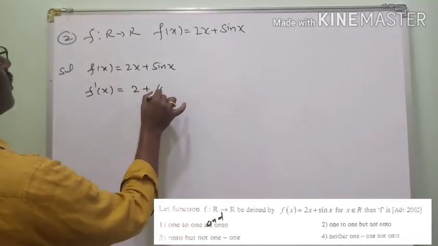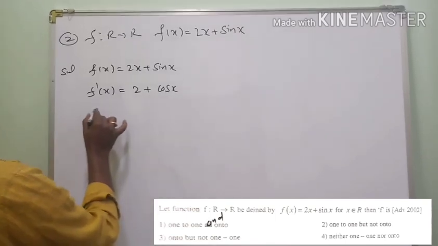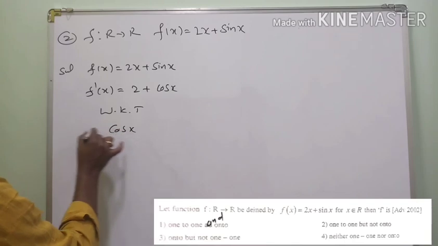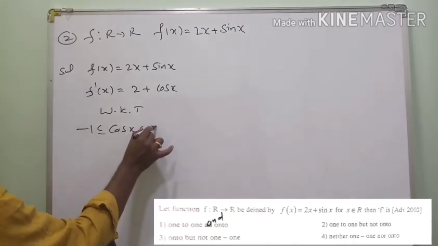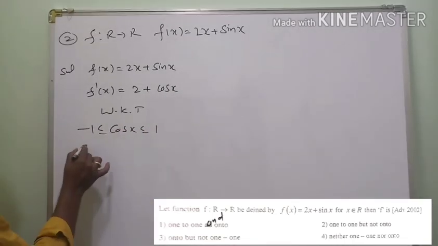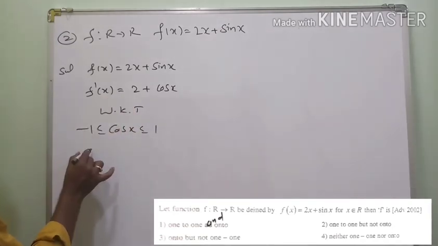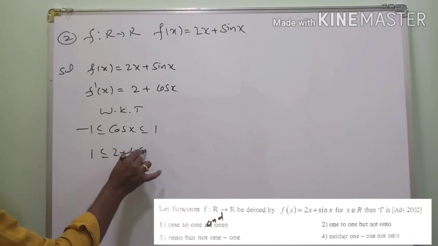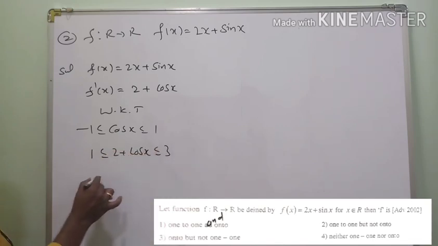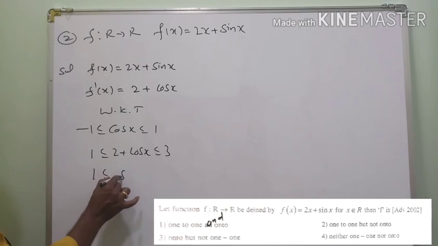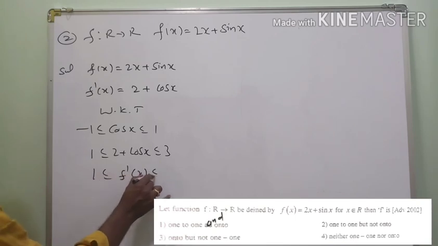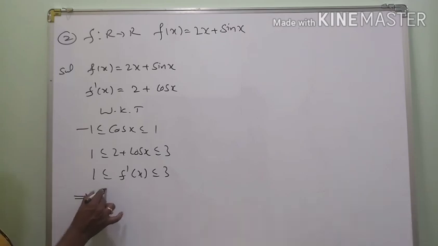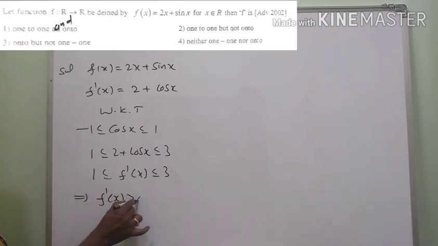F dash of x is 2 plus cos x. We know that cos x lies between minus 1 and plus 1. Adding 2, 2 plus cos x lies between 1 and 3. Now f dash of x lies between 1 and 3, so f dash of x is positive.